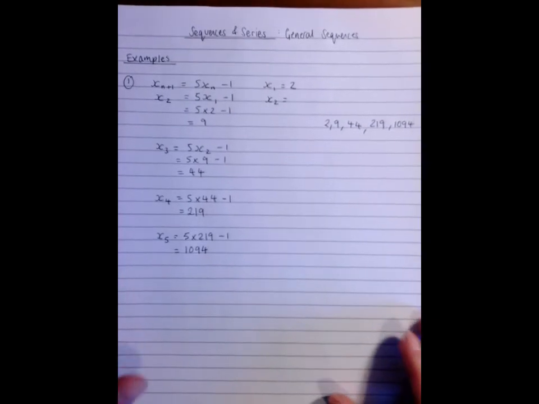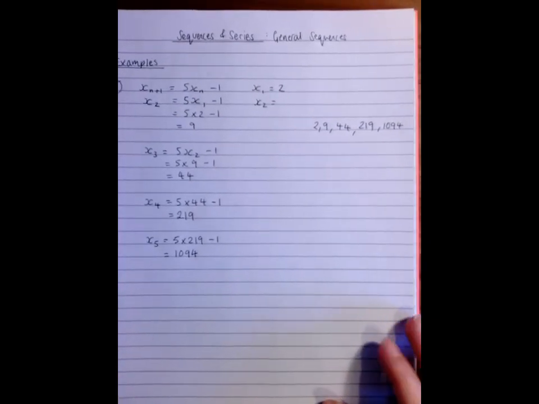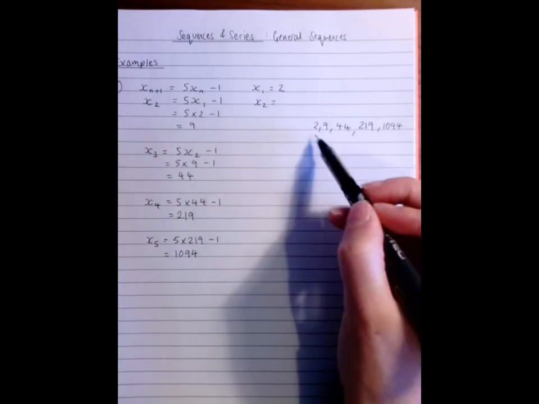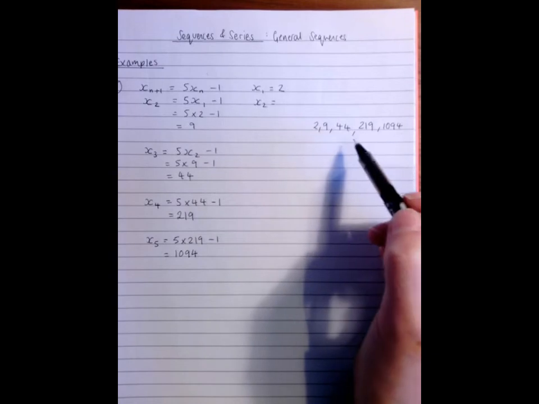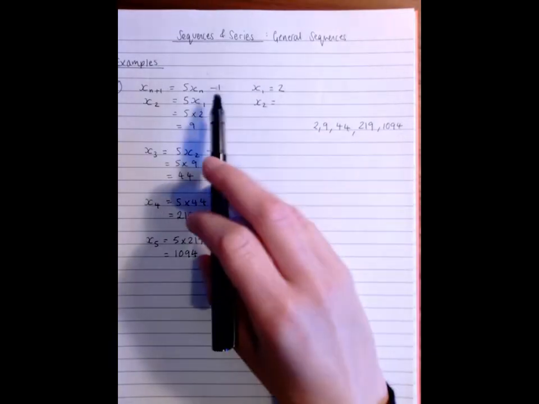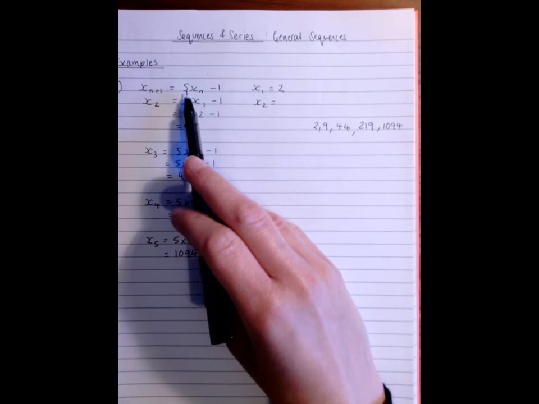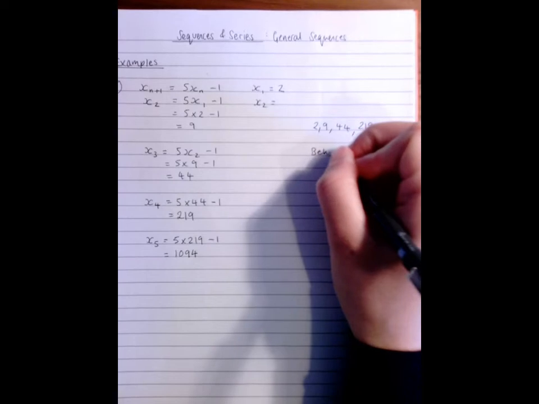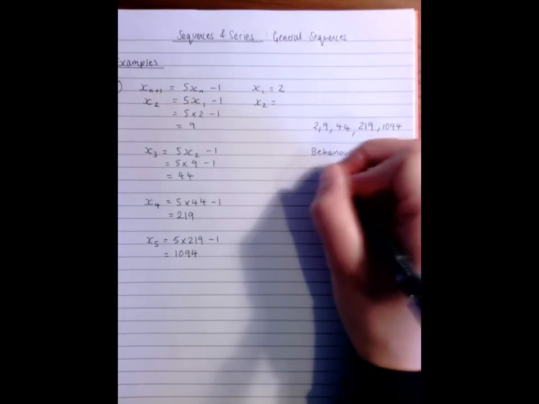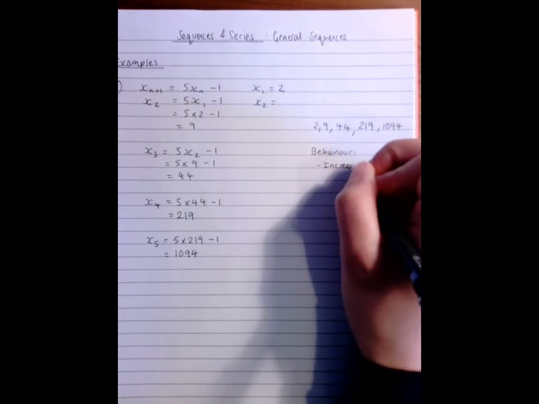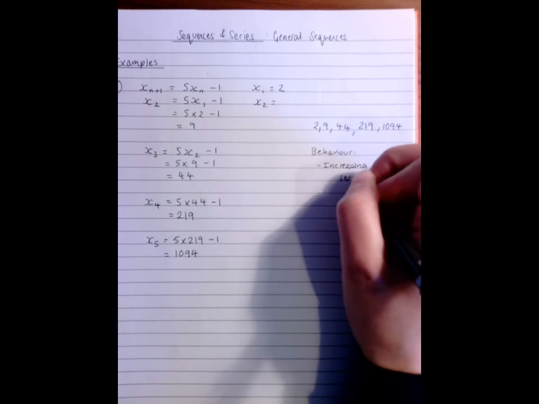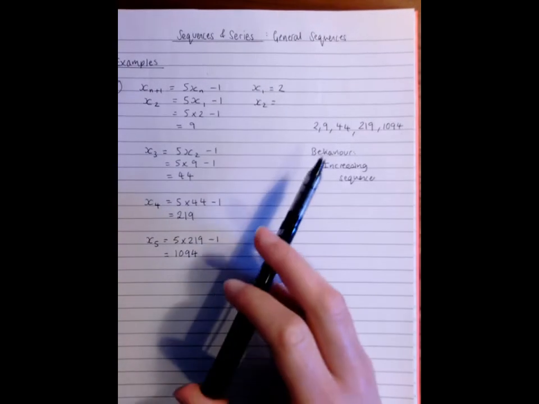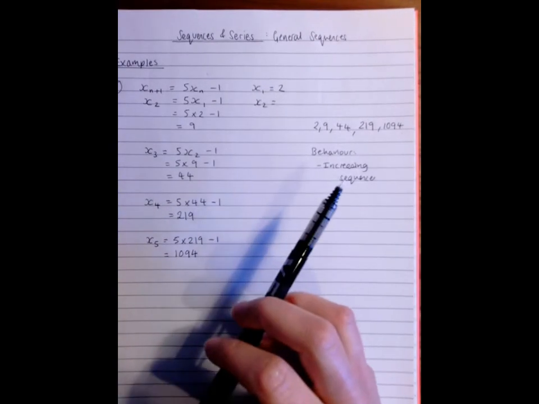Okay, so you could be asked about the general behaviour of this sequence, and you can see that this one is an increasing sequence. The numbers are going to keep getting bigger because each time, if you remember the rule, you're going to times your previous answer by 5 and take away 1. So for the behaviour, I could say it's an increasing sequence. We could also think about whether this sequence converges or diverges.